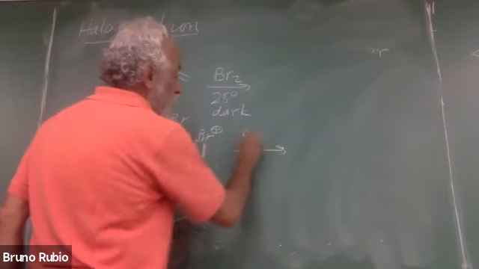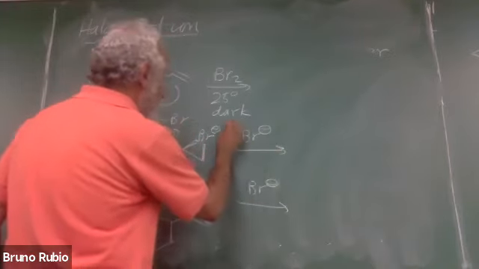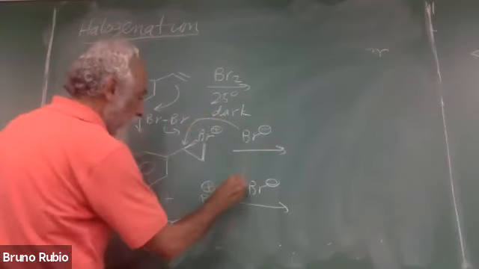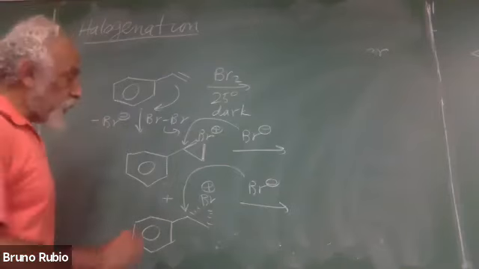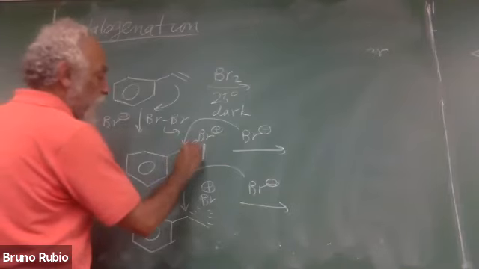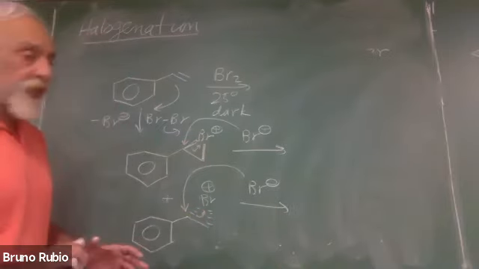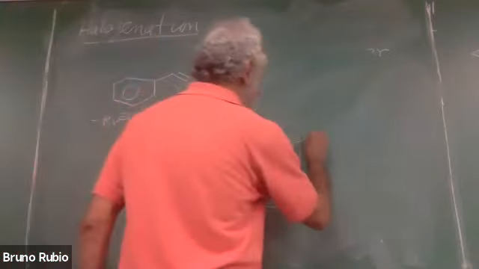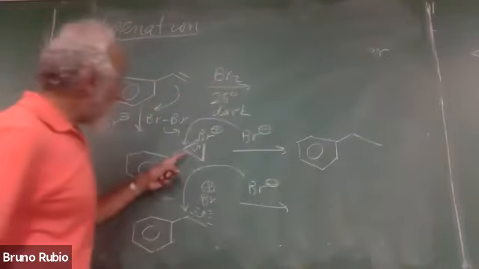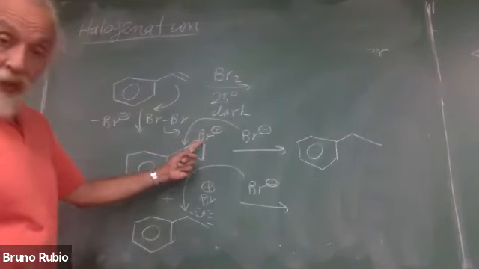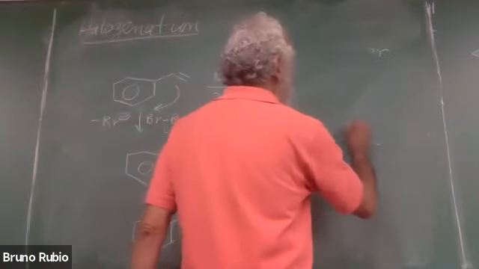Now the Br minus that's swimming around in the reaction mixture is going to attack the more substituted carbon, but in the direction opposite the pre-existing halonium, and it breaks this halonium open. And so here, the halonium was on wedges, so the new Br comes in on a dash.